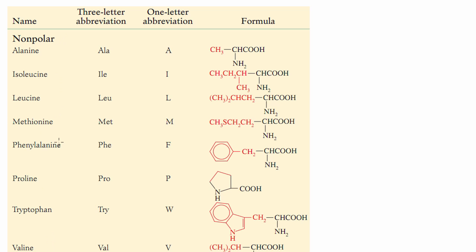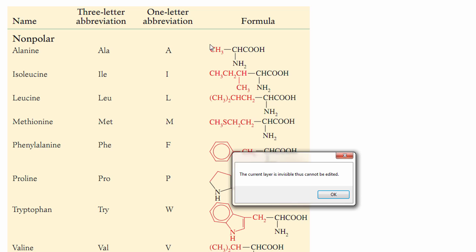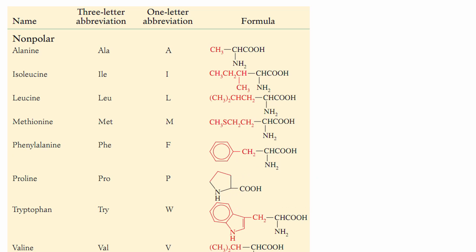These all have nonpolar side chains. The side chains are shown in red. For example, alanine has a methyl group as a side chain, and that is nonpolar. Isoleucine has a nonpolar side chain, and so on down the list.